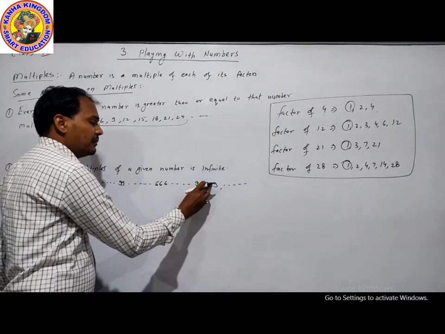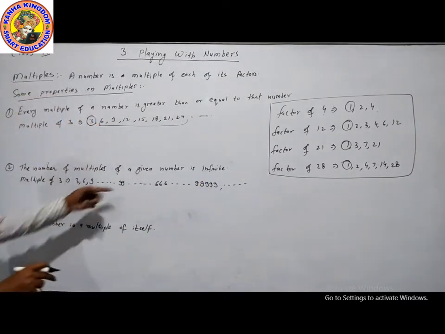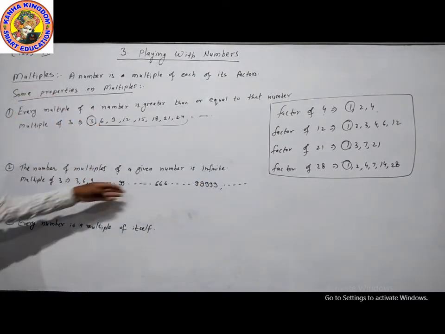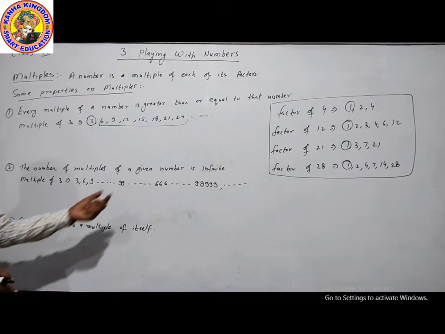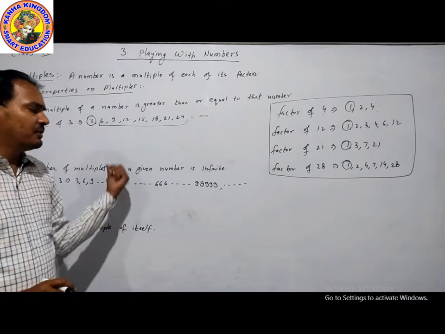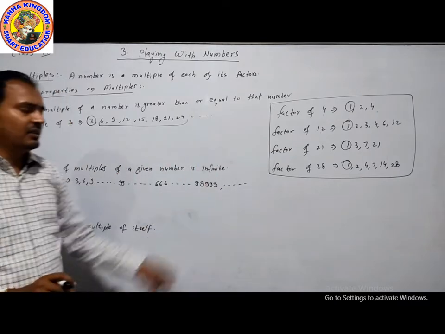There are so many numbers which are multiples of 3. So the multiples of a given number are infinite.